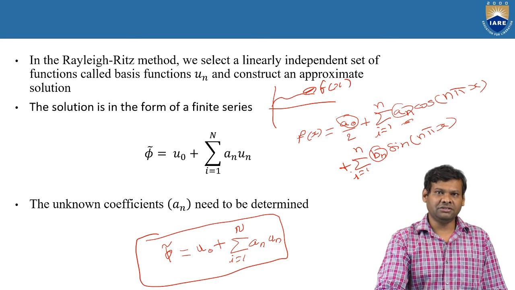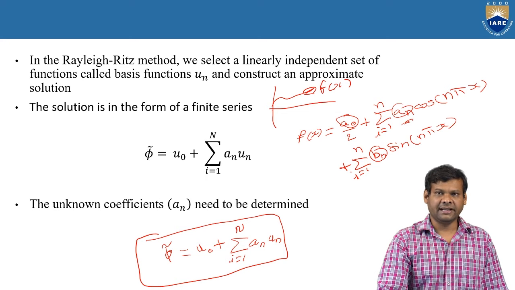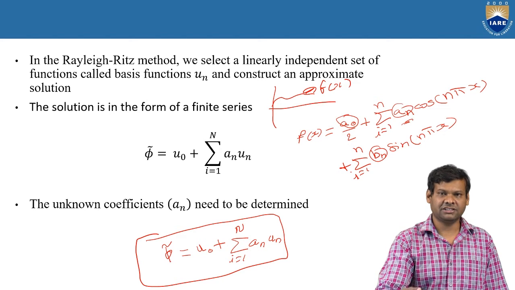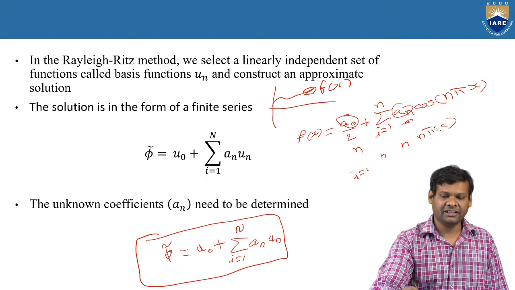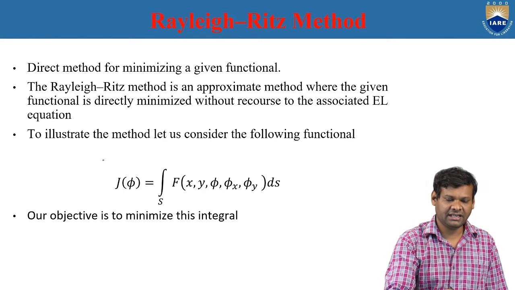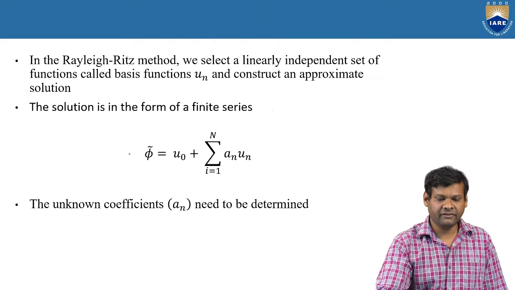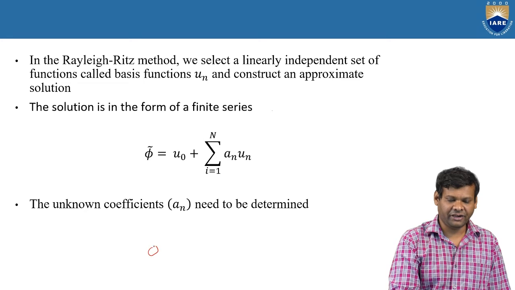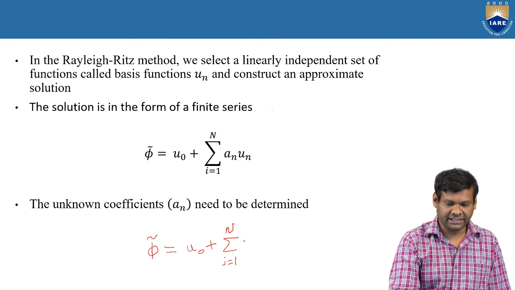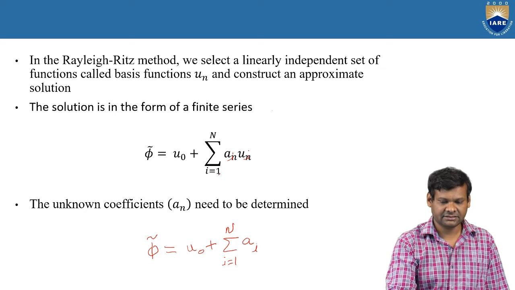And don't we use this concept in our Rayleigh method? Instead of using sine and cosine, we can use some other terms like polynomial series of first order, second order, or nth order to define the basis function. What Rayleigh method is saying is that if we have a function like this, we can express the solution in the form of a series, that is, the approximate phi tilde equal to u naught plus sigma i equal to 1 to capital N, a i u i, where i is the index.